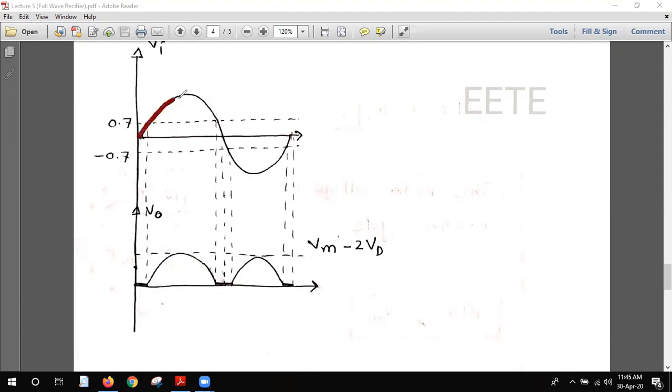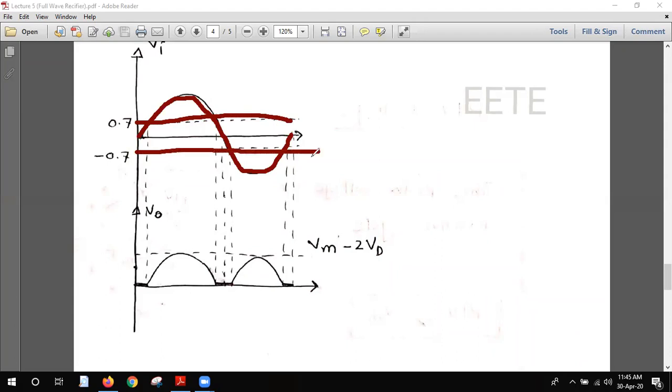Suppose this is the input voltage. Now we have a silicon diode with 0.7 volt, so we need to draw two lines, one on the positive side and one on the negative side. You see that.